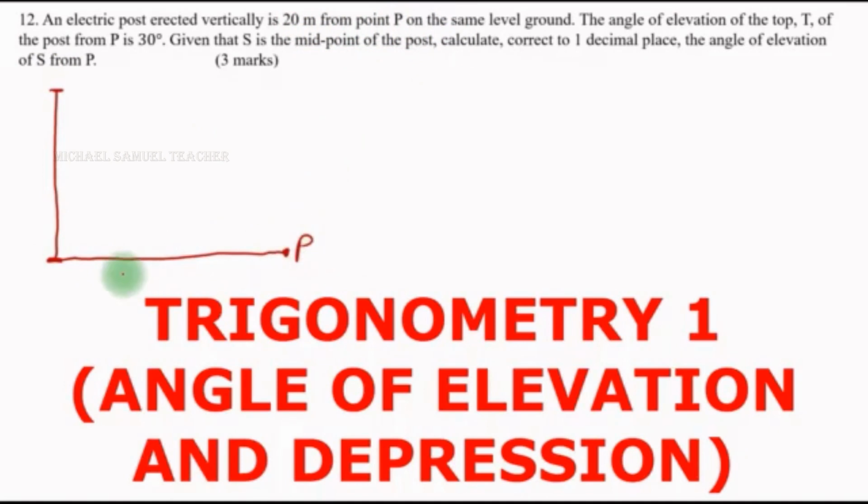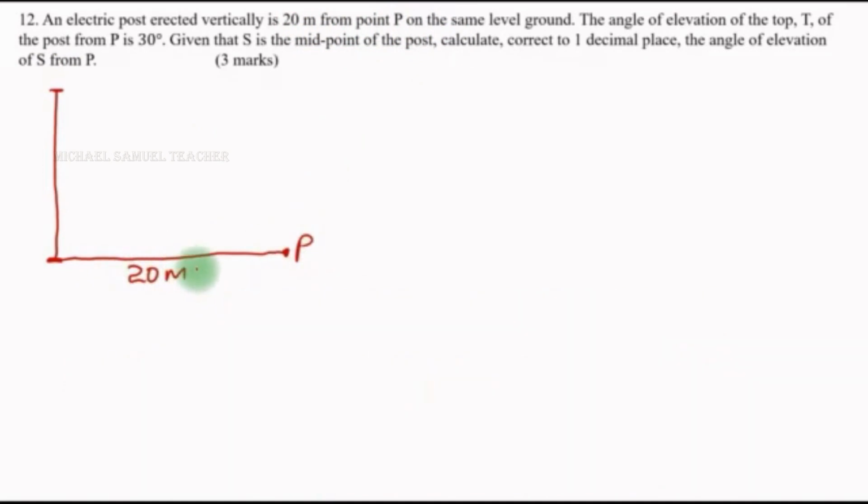And something else given, the angle of elevation of the top T of the post from P is 30 degrees. So this is the top, and this is the angle of elevation, which is 30 degrees.